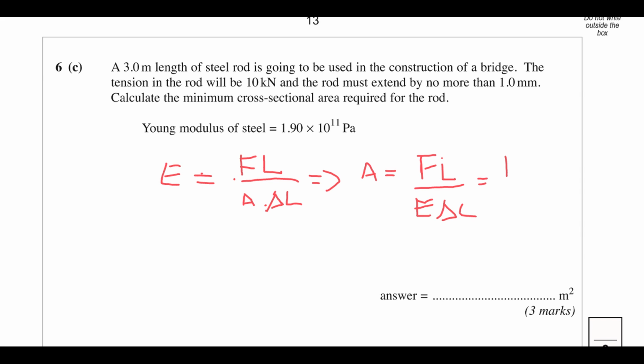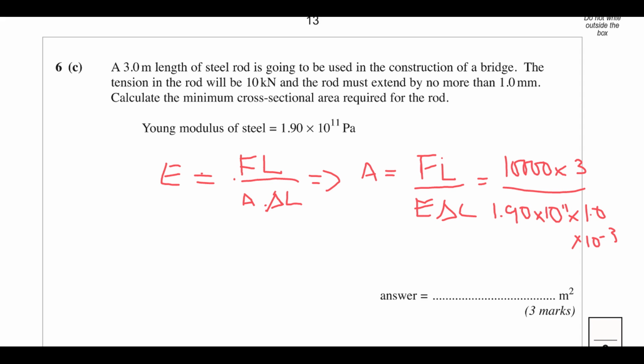So that's going to be 10,000, that's the force in newtons, times 3, that's the original length, over 1.9 times 10 to the 11, times 1 times 10 to the minus 3, that's your extension.